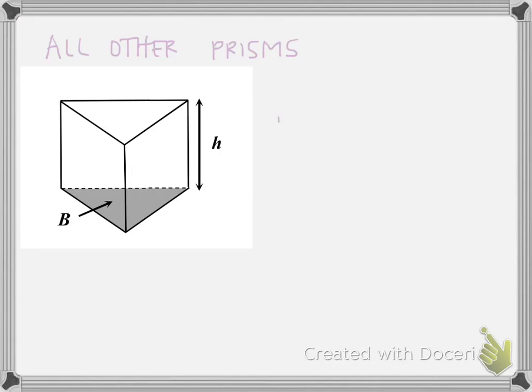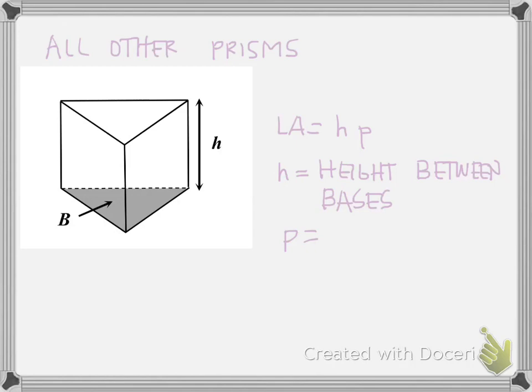So that's called the lateral area, which is your h times your P. Your h is going to be equal to the height between bases. Your P will be the perimeter of the base.